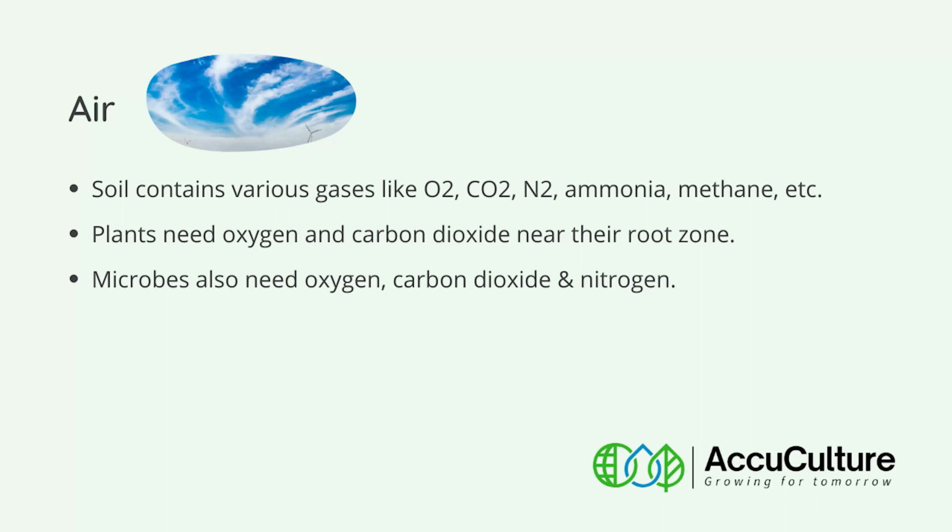Now we have to look at what these 4 components give to a plant for its growth and nutrition. Soil has various gases which contribute to 25% of its volume. Soil has oxygen, nitrogen, carbon dioxide, and in smaller proportion gases like ammonia, methane. Plants require oxygen at the root zone because plants' roots breathe the way we do.